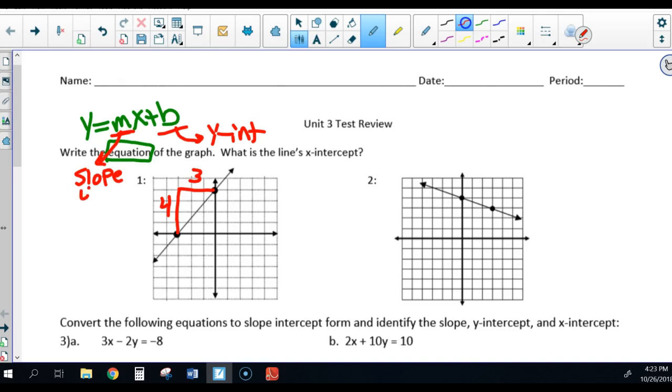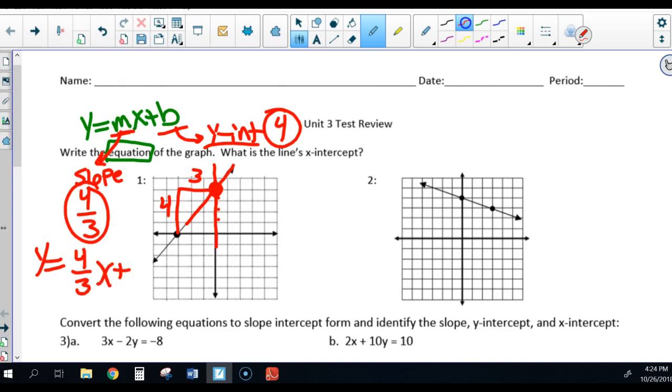Our slope is 4/3. The y-intercept is just where the line crosses the y-axis, right there at 1, 2, 3, 4. So 4. Our equation, y equals 4/3 x plus 4.